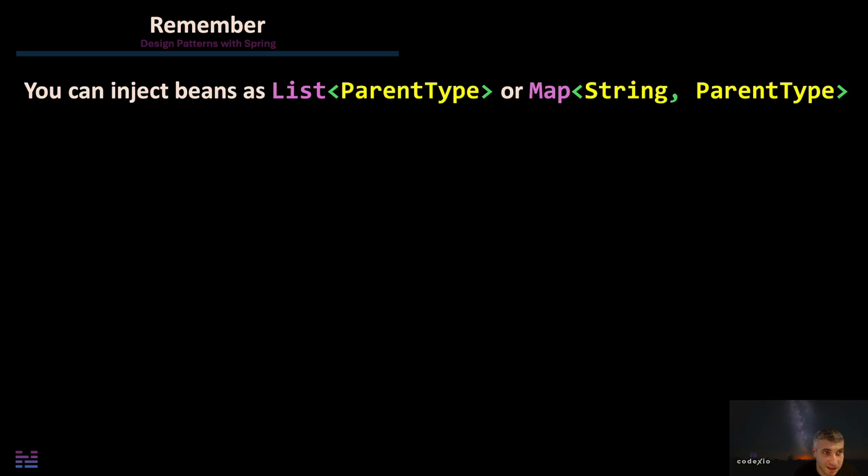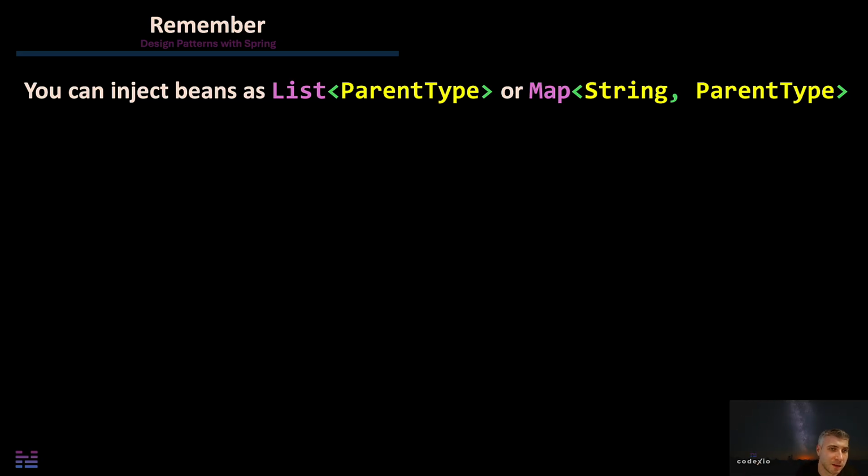So let's see what you need to remember, because there are things in Spring that make your life easier for this, and this is that you can inject beans as lists, sets, or maps from their parent type, or any of their parent chain. It can be an interface on the upper parent chain.